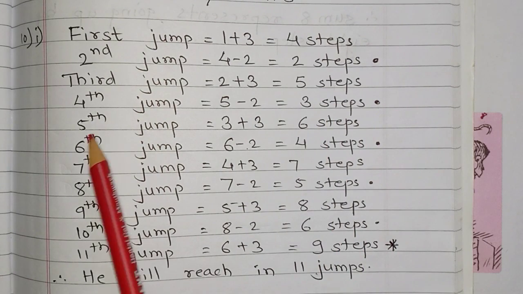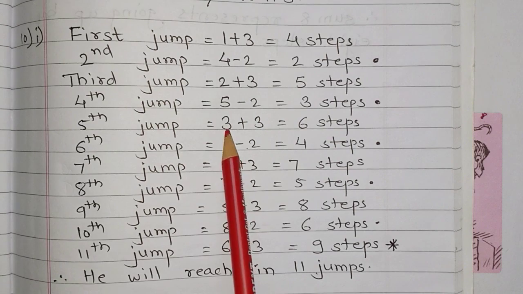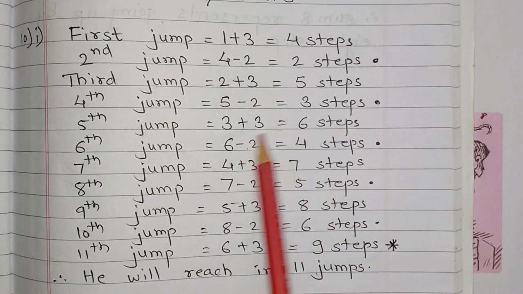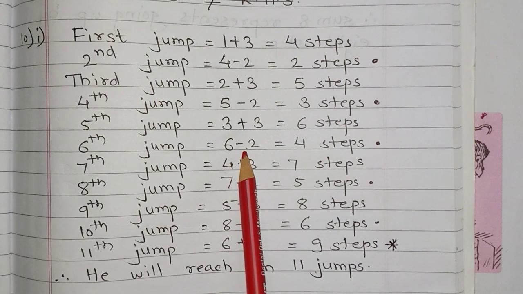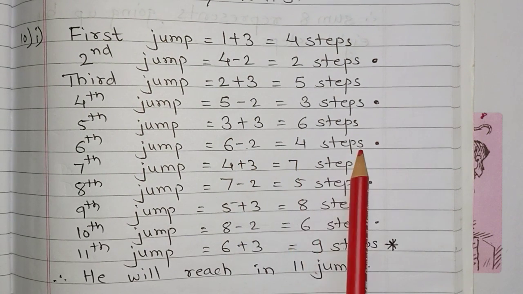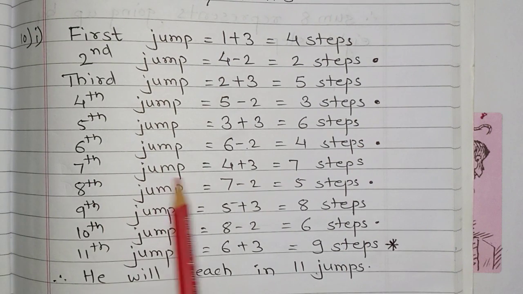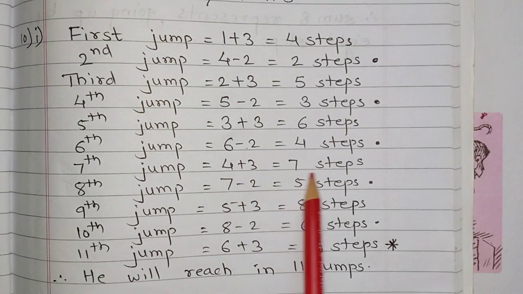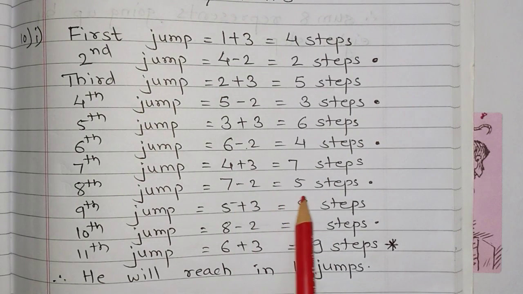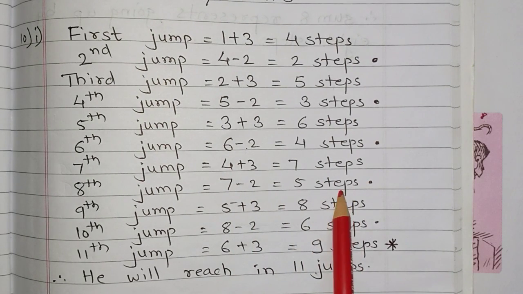Now from here, in the 5th jump, he will jump 3 steps down. So 3 plus 3, it is 6 steps. Again he comes back by 2 steps on the 6th jump. So 6 minus 2, it gives me 4 steps. Now on the 7th jump, 4 plus 3, he is on 7 steps but comes back by 2 on the 8th jump. So he is now on the 5th step.